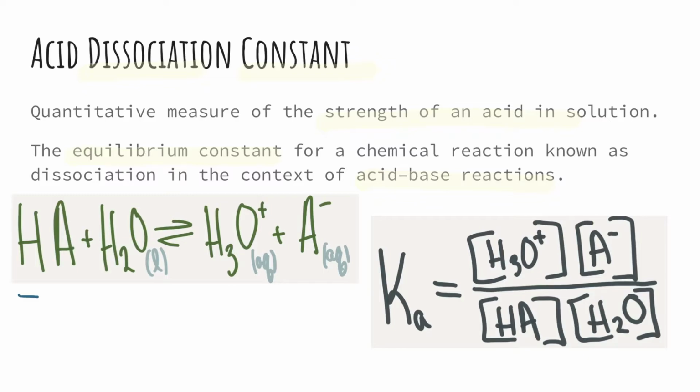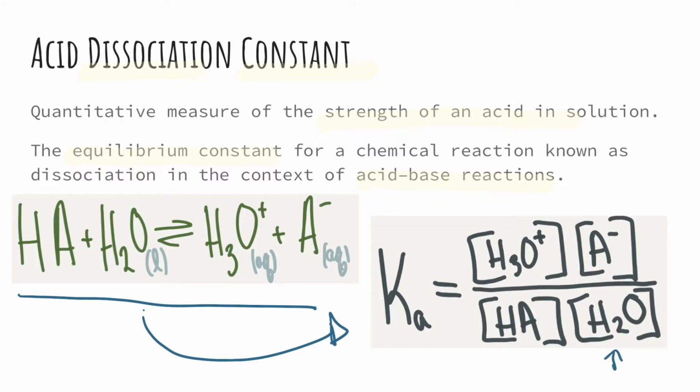So if we look at our dissociation reaction, we can take that, put products over reactants, and we end up with this format here. It's important to notice that you have water. Water, because it's a liquid, doesn't actually end up in the dissociation constant. So an acid dissociation constant has the H+ concentration, it has the concentration of the conjugate base, and then on the bottom it has the concentration of HA, the acid itself.